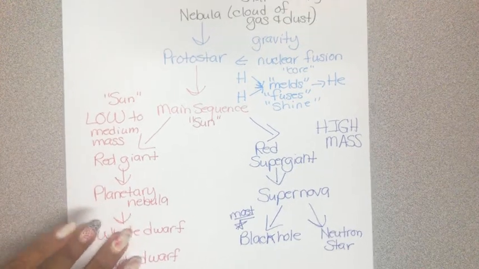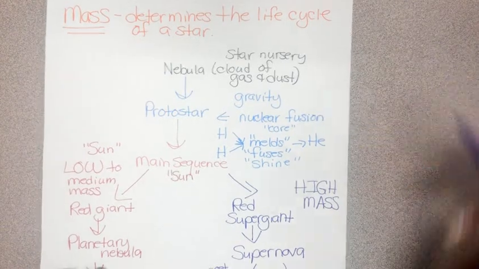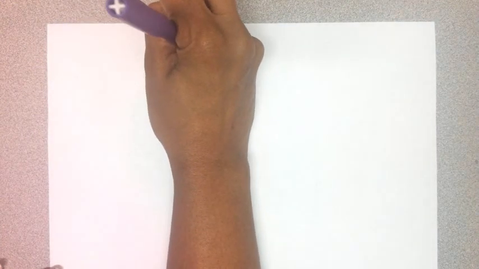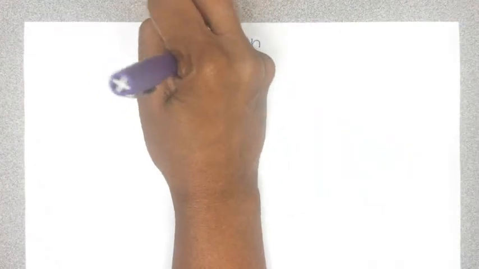All right. I talked about fusion a little bit. I just want to draw out another diagram, something that you might see on your test. Okay, so we talk about nuclear fusion. Remember we said it occurs in the core.